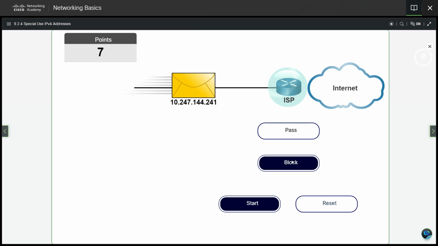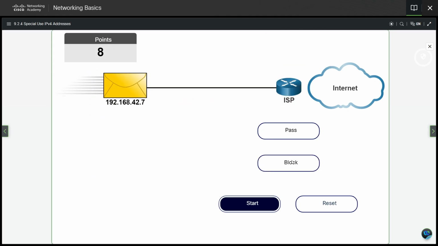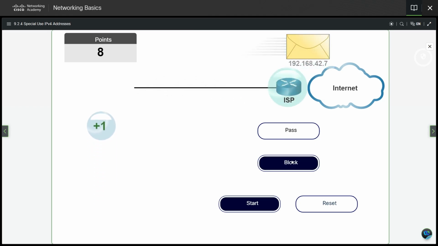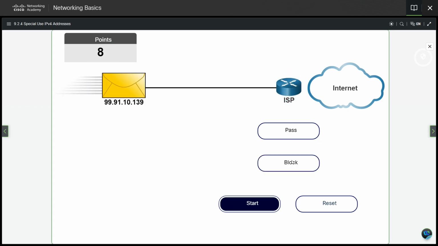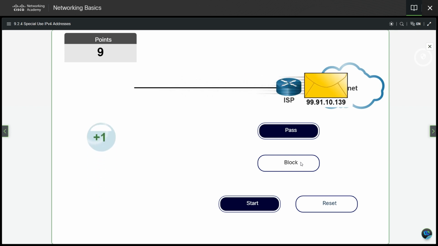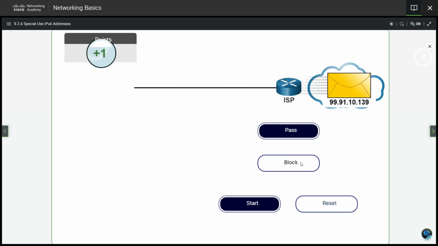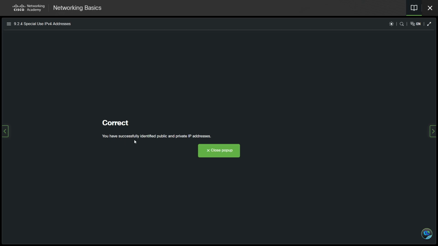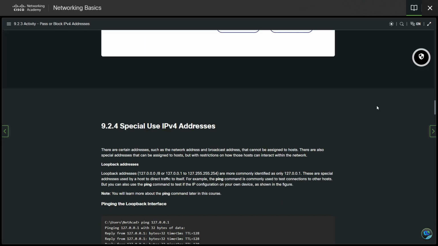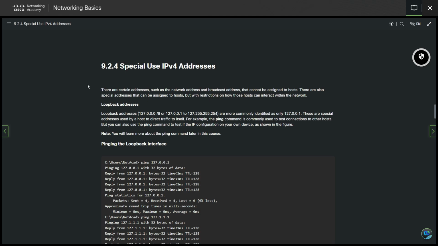Block. And block. Pass. You have successfully identified public and private IP addresses. Excellent. Close. The next topic is special use IPv4 addresses.